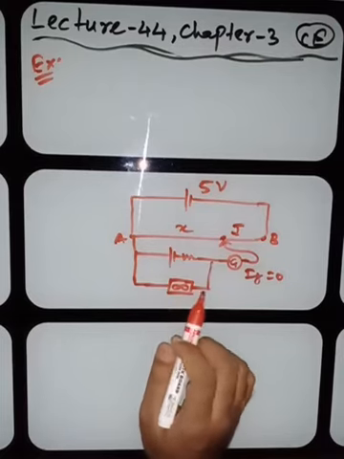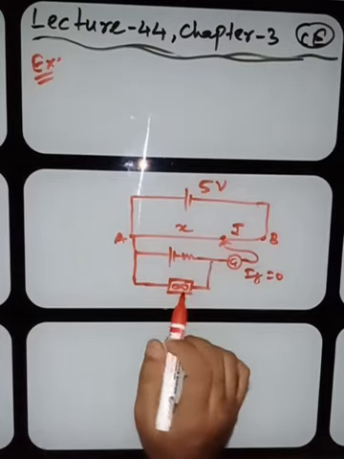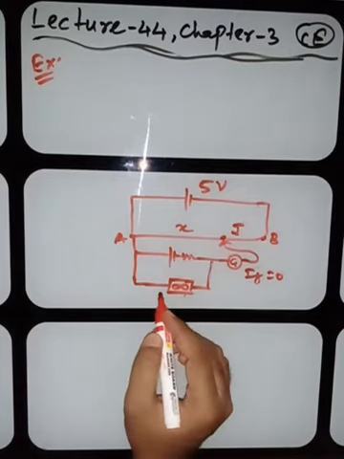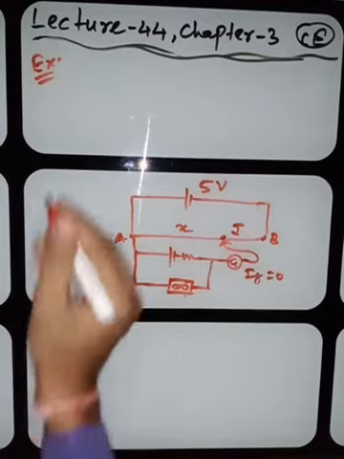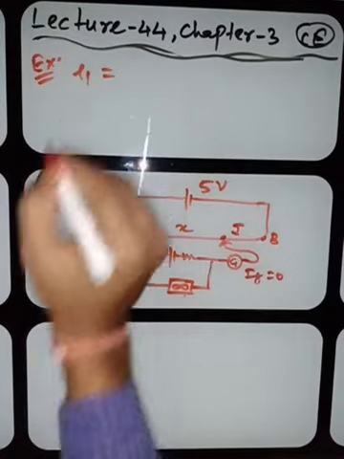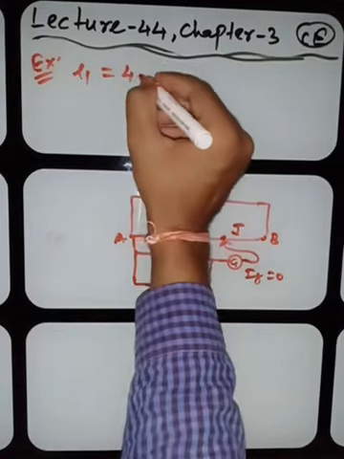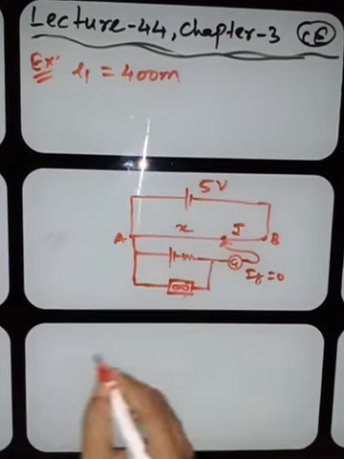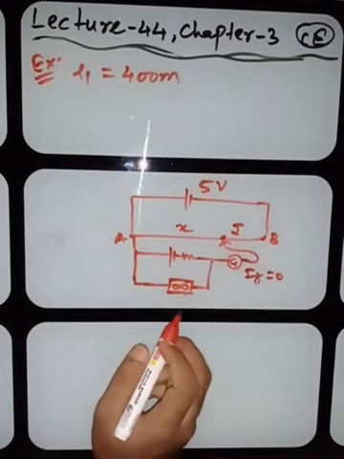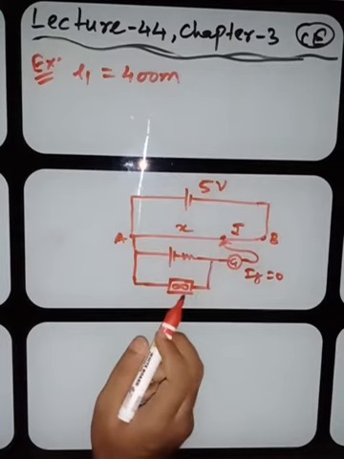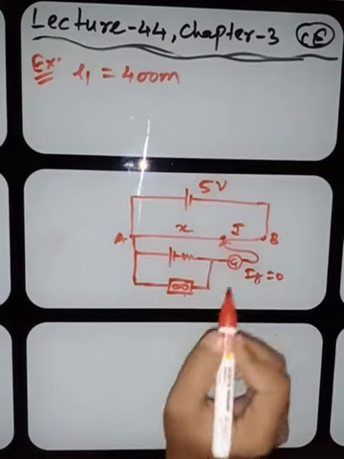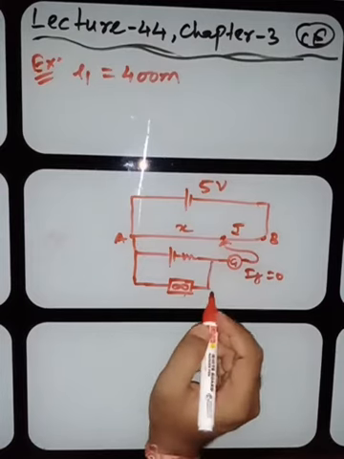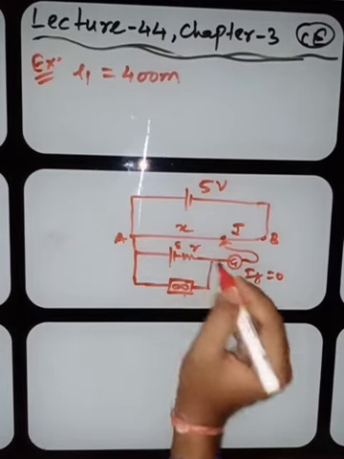In the given figure, when the potentiometer is shunted by infinity, the balance length, that is L1 or X1, is found to be 400 meter. Suppose the galvanometer gives the reading at this point. Now this is E and this is R.